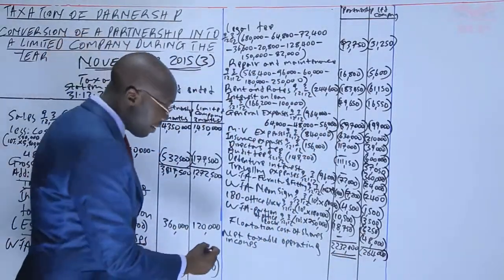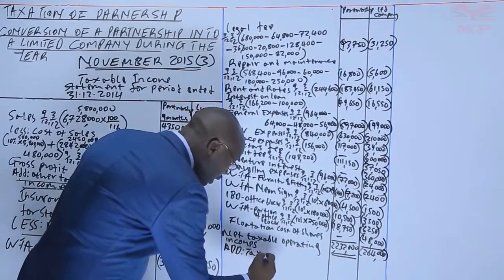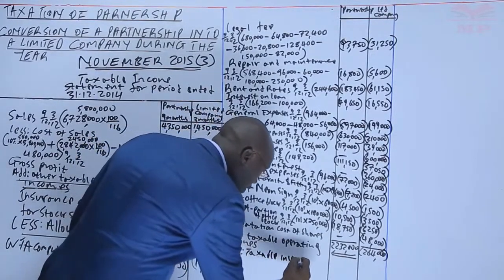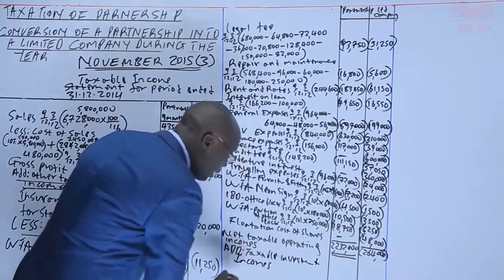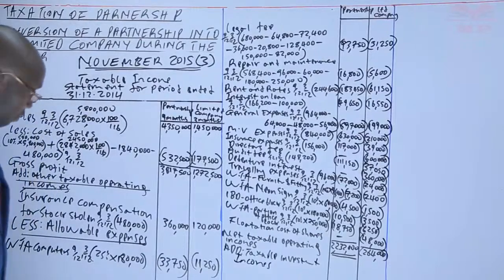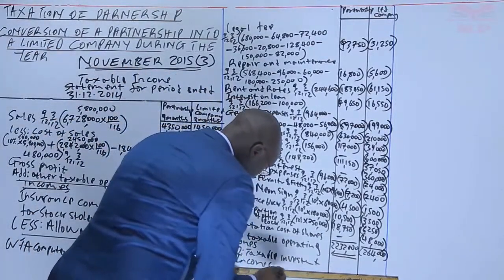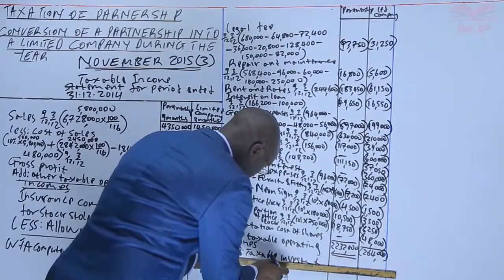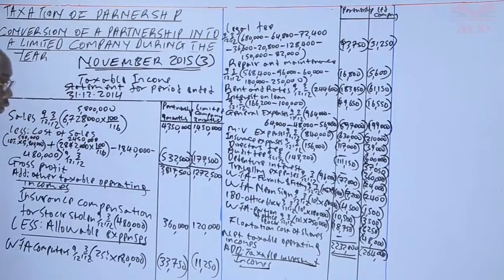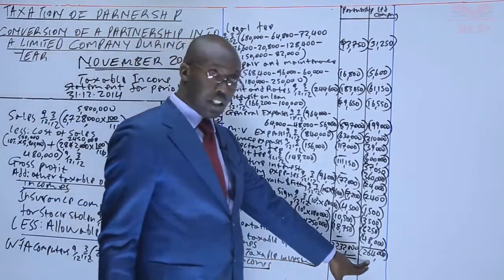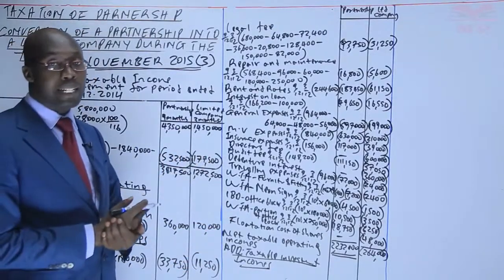We normally add taxable investment income if the operating income is positive. That's the time we add the taxable investment income so that we can tax them together.